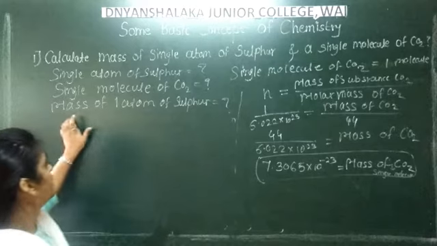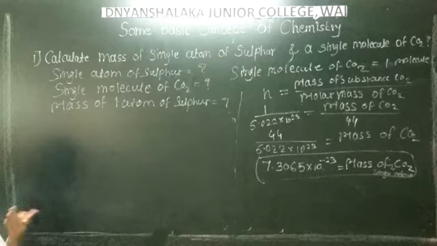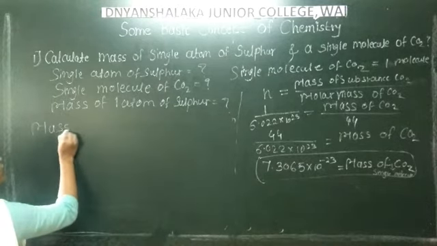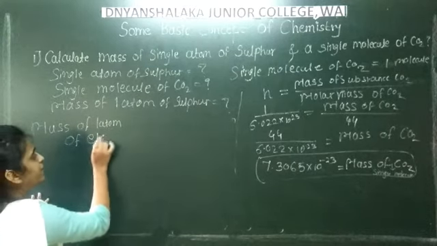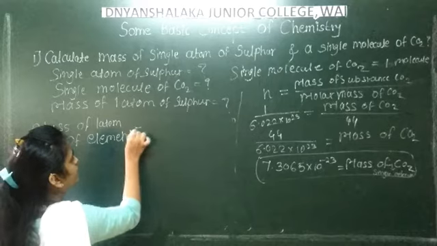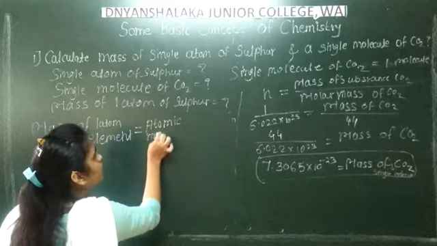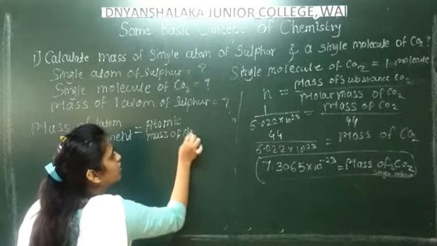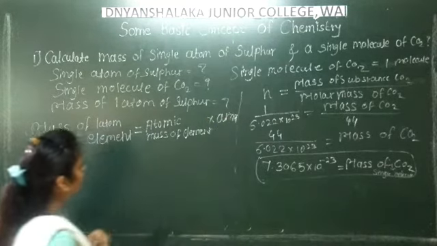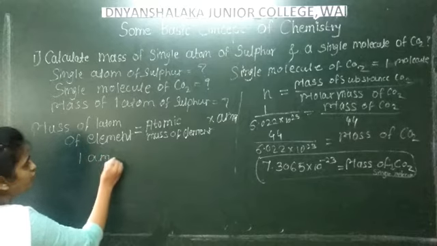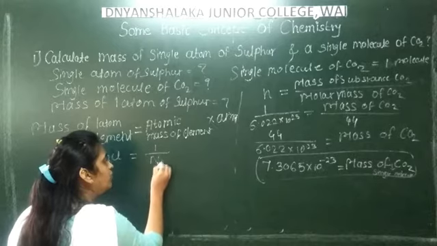Using the formula, the mass of one atom of an element is equal to the atomic mass of the element into 1 AMU, and 1 AMU is equal to 1 upon Na.